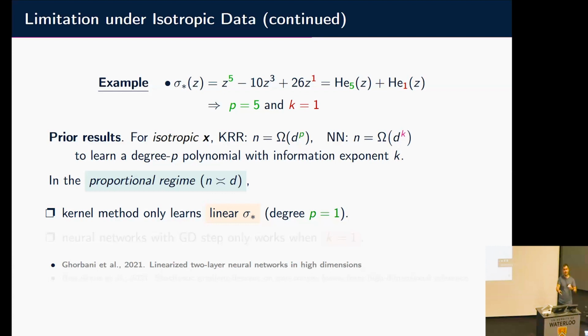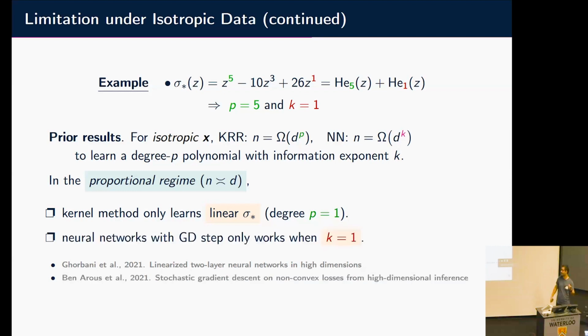But remember, we wanted to stick with the proportional regime. That means that N and D are comparable, and one of them is not polynomial in the other. So we can learn with kernel methods only degree 1 polynomials. With neural networks, we can only learn functions with information exponent 1.